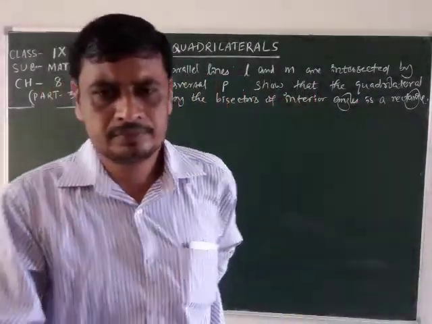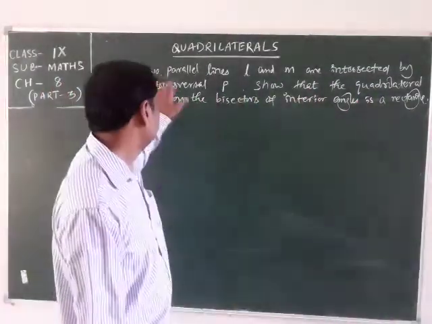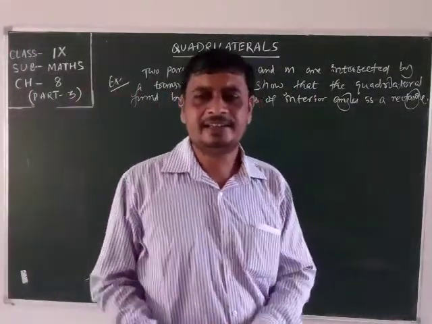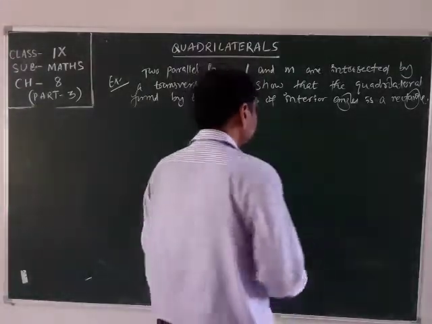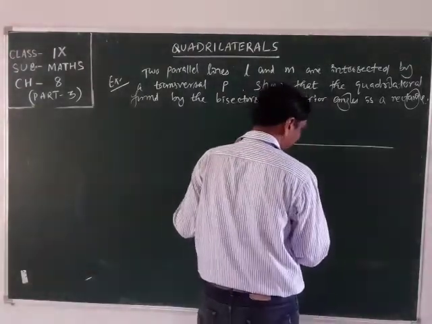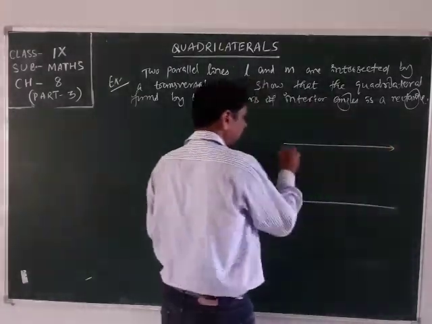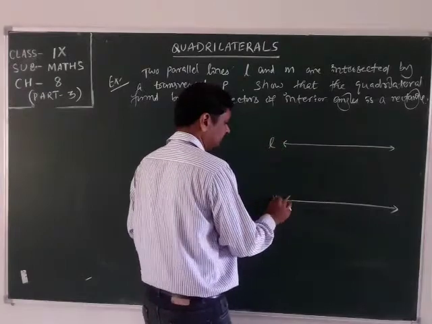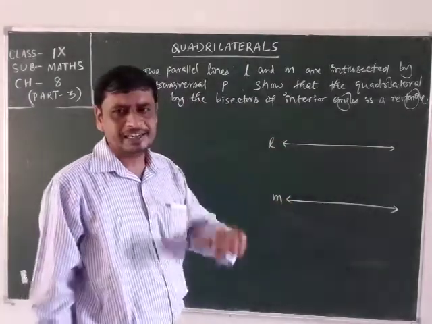Here in the question, there are two parallel lines, that is L and M. According to the statement, two lines are there, named L and M, and both are parallel lines.